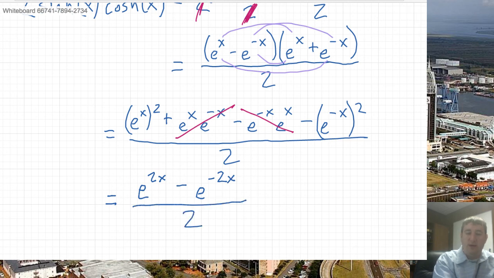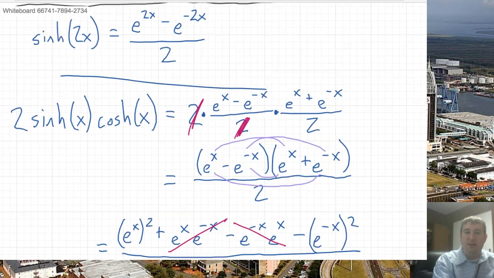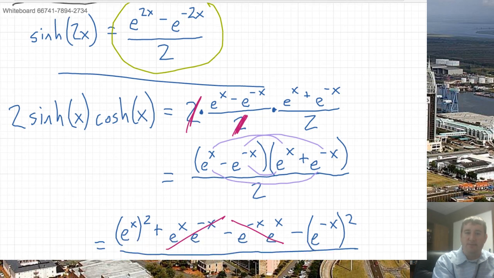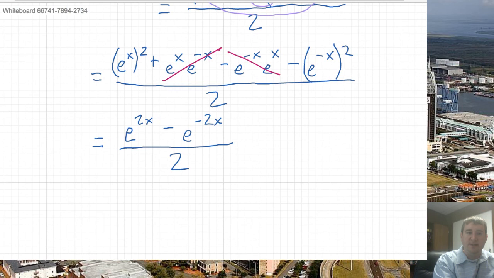And hey, just a moment ago, what is e to the 2x minus e to the negative 2x over 2? We saw that right up there. This is indeed exactly the same thing as the hyperbolic sine of 2x. And that finishes that proof.